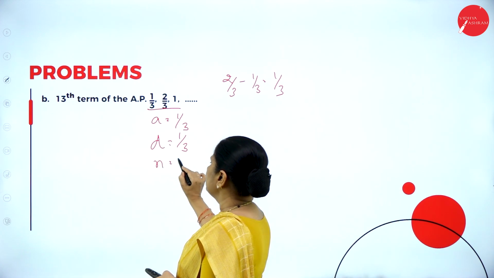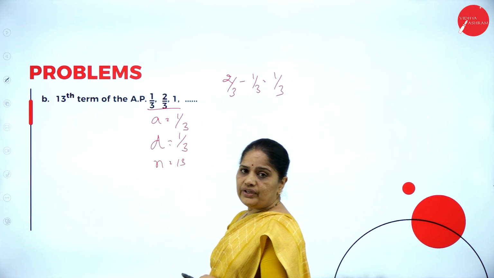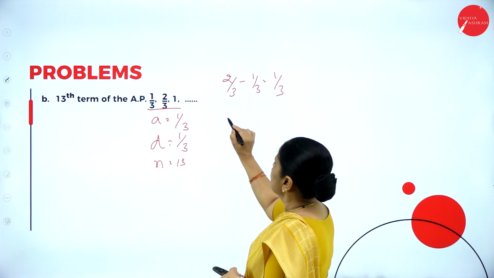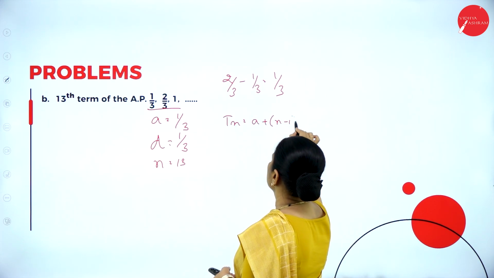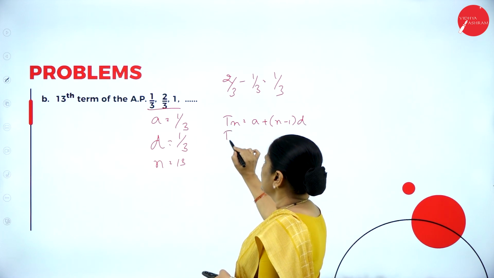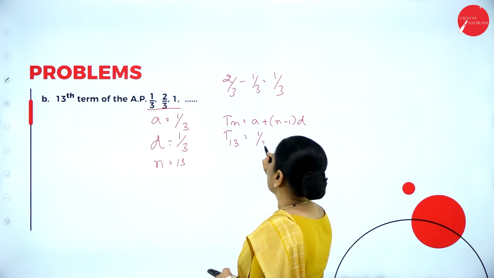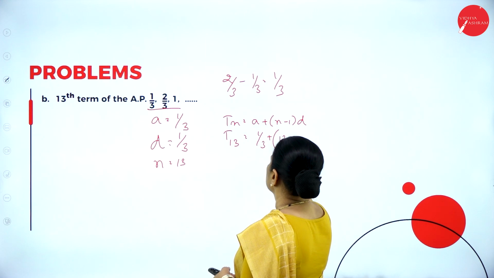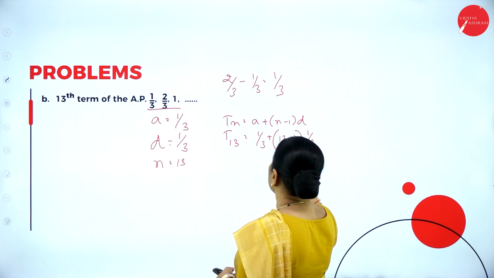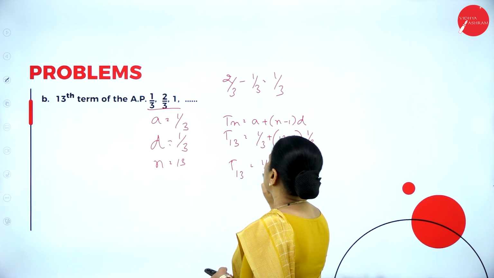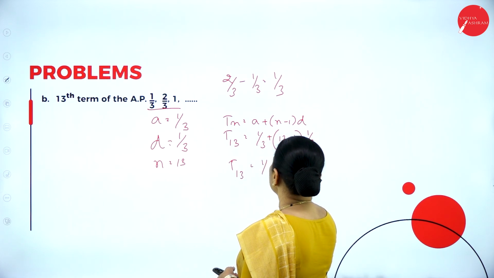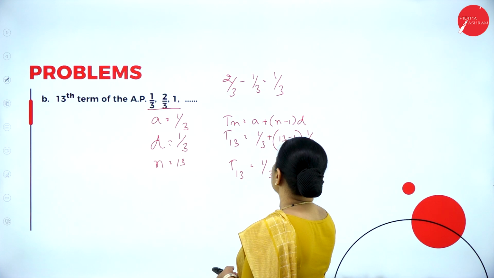Now, what is N here? 13. So, we have the formula here with us: Tn equals A plus n minus 1 into D. So T13 will be 1 by 3 plus 13 minus 1 into 1 by 3. T13 equals 1 by 3 plus 13 minus 1, which is 12, by 3.